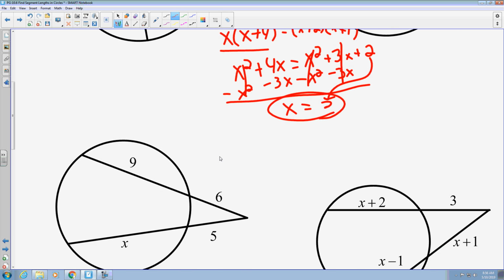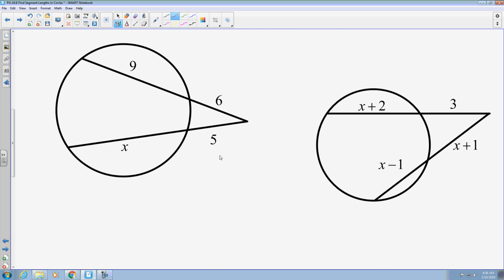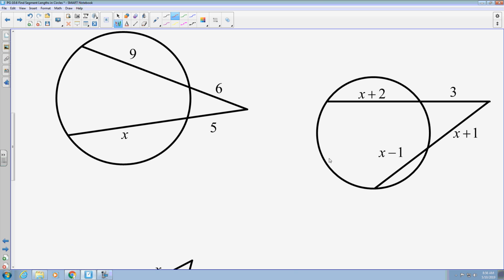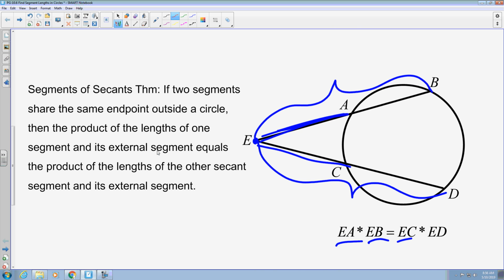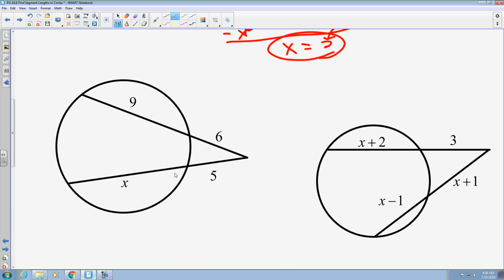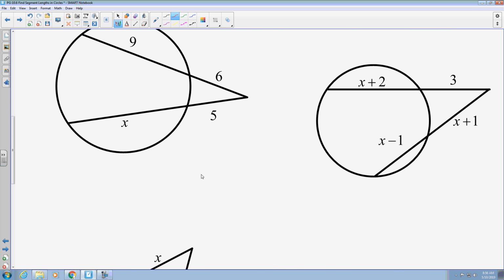Looking at these two examples here, these two examples fall under the segment of secants theorem. So using that formula to help us out.